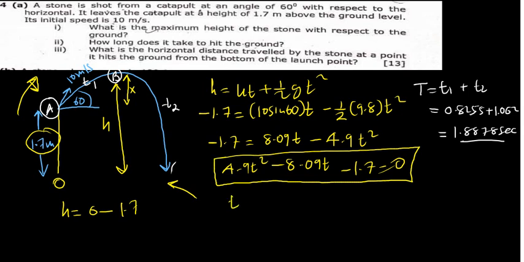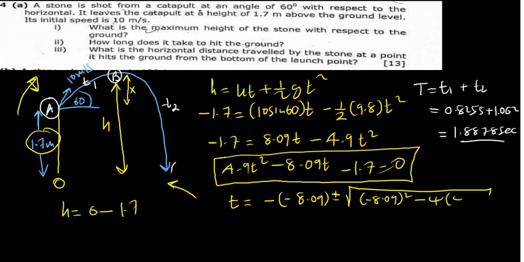So t is going to be equal to negative b, and our b is the term that has a t. That will be negative 8.09, plus or minus the square root of b squared. b is negative 8.09 squared, minus 4ac. a is 4.9, the term with t squared, and c is the constant, which is negative 1.7, and then everything divided by 2a.